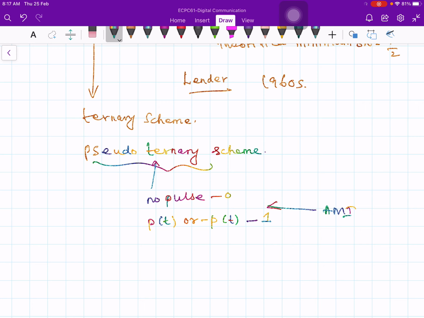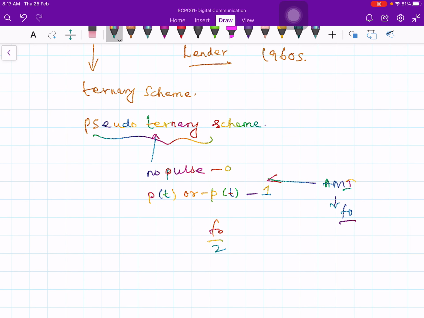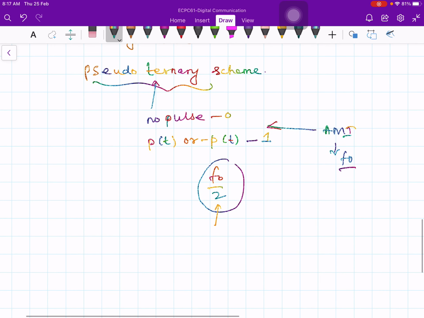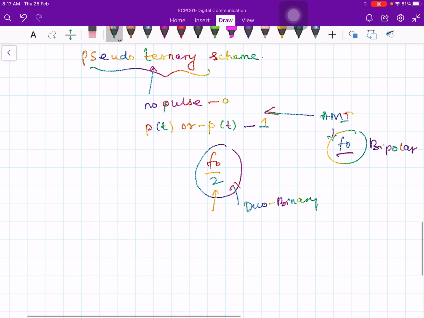In AMI bipolar signaling the bandwidth is f0, but here we need only f0 by 2, which is half that of bipolar. So bipolar needs f0 bandwidth, and duobinary needs only f0 by 2.